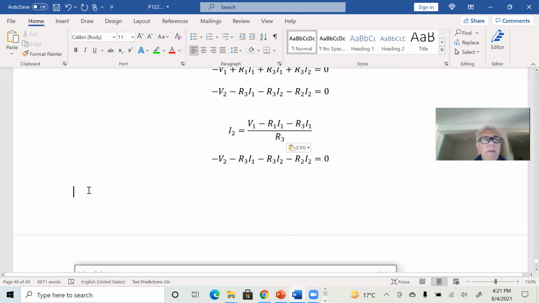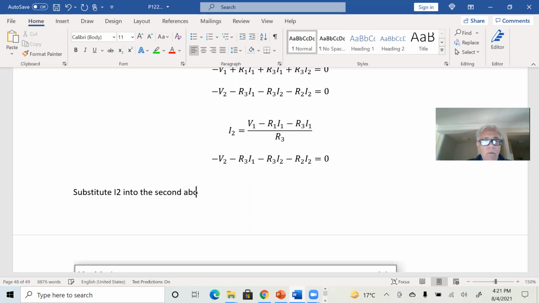And finally, now I2 is in terms of I1, we can substitute I2 into the second equation above and solve for I1.